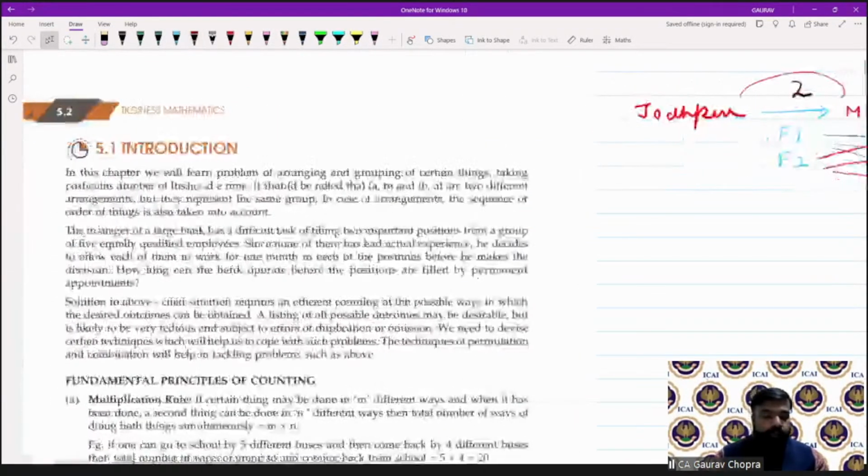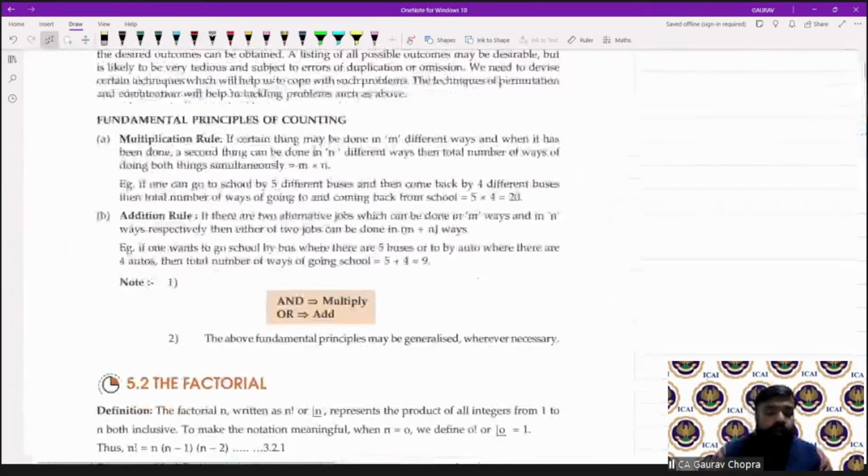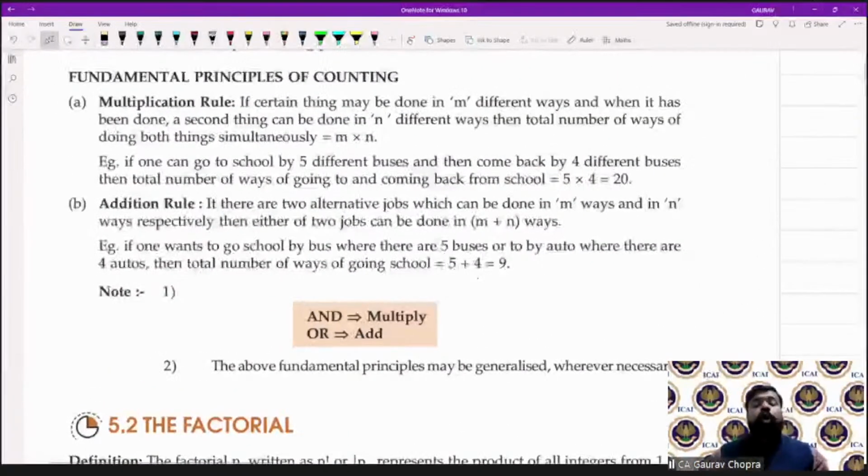All right. So here, there are 2 fundamental principles of counting. One is known as the multiplication rule and the second one is known as the addition rule. These rules are also applicable in the probability chapter. There also we will understand the multiplication rule and addition rule. Now when do we multiply? जब दोनों event occur होने चाहिए.